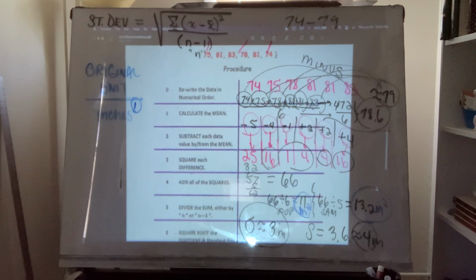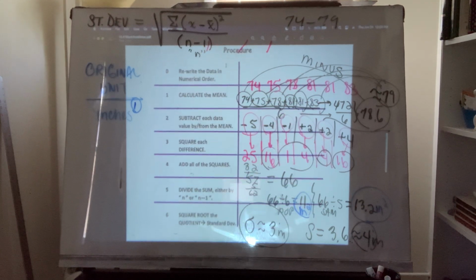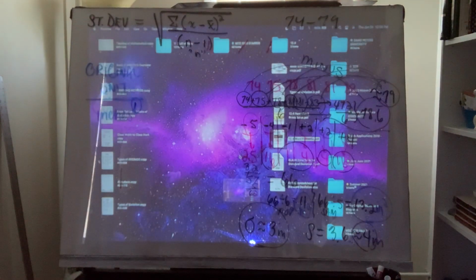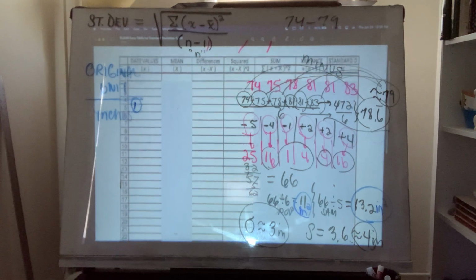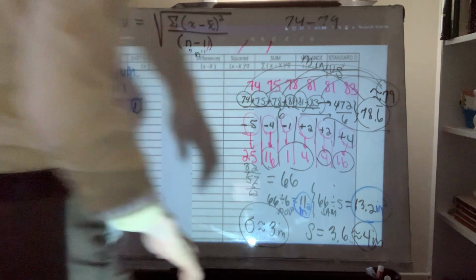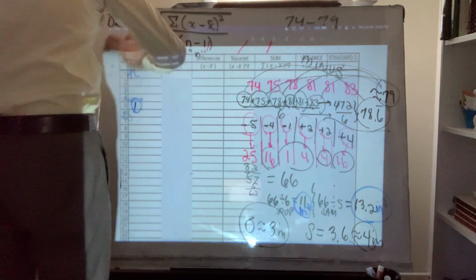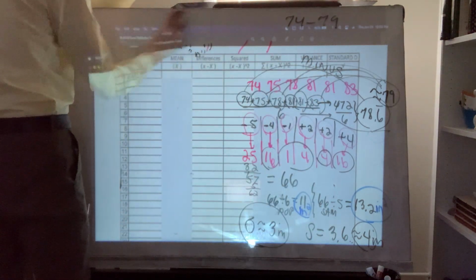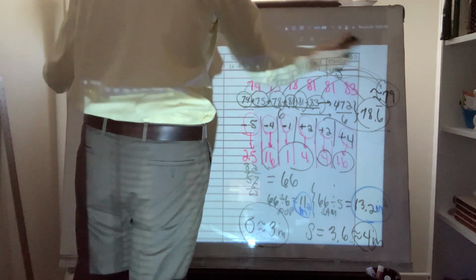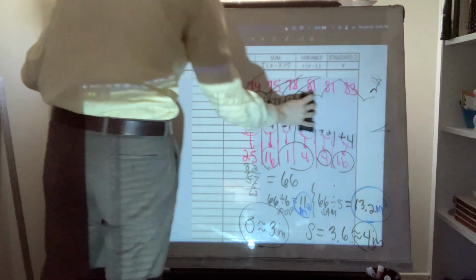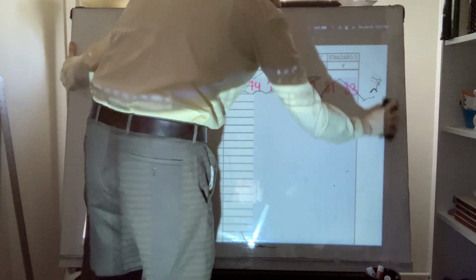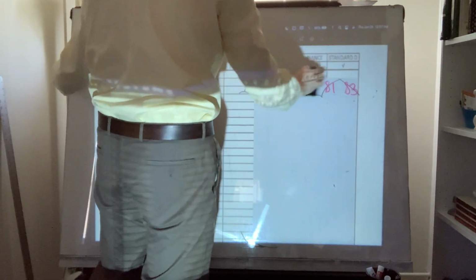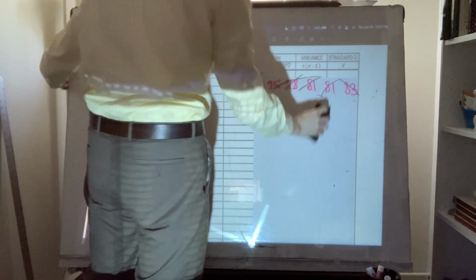Now, what I want to do is just show you something else really quickly, which is how you would do this in Excel were you in that situation. Here's a blank. I prepared this with headings. What you would do is take the original set of data, and you can enter it in any order that you like, actually.